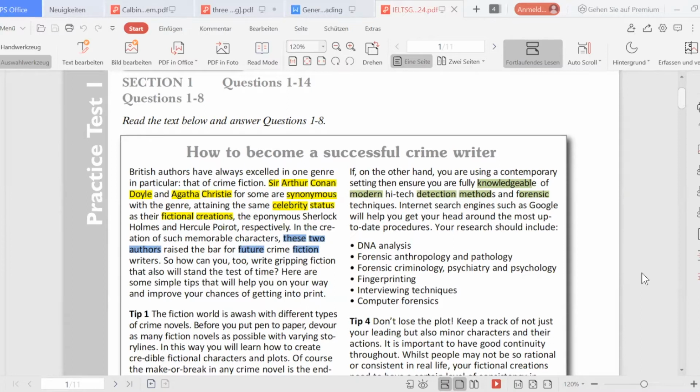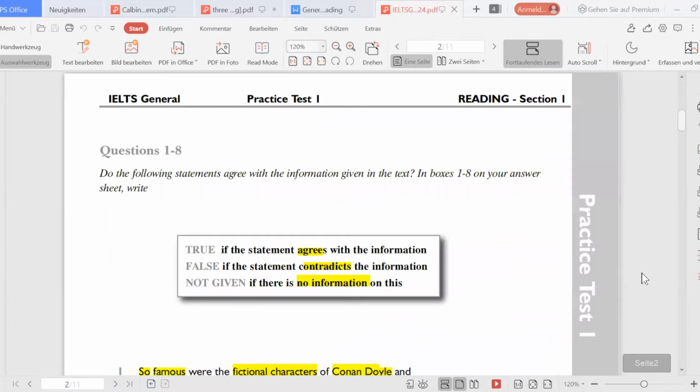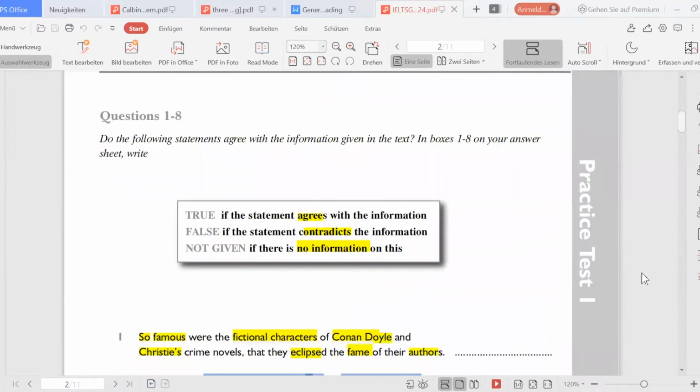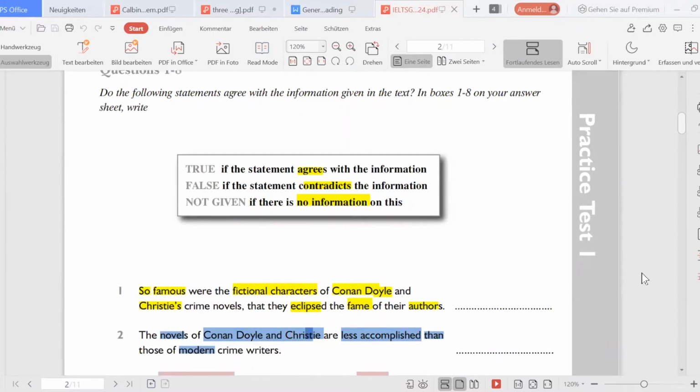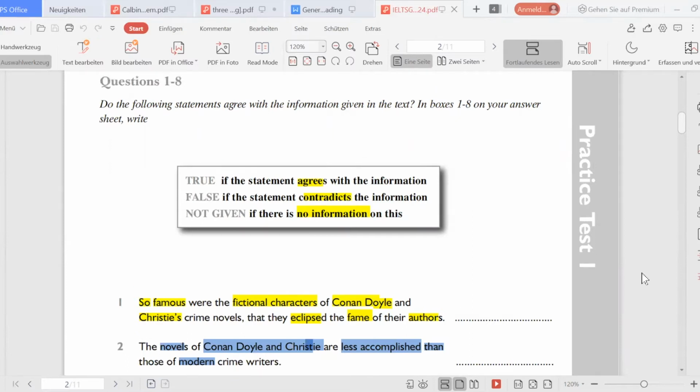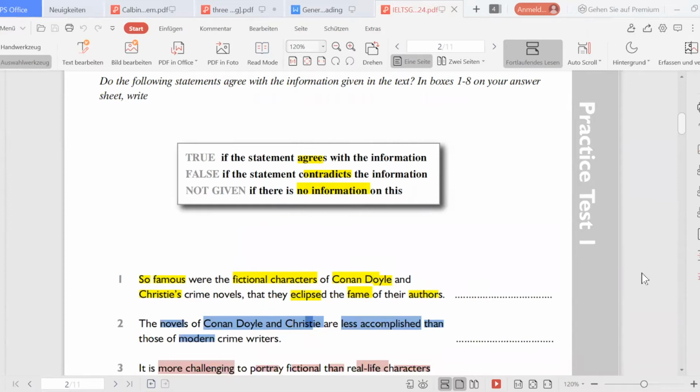Remember, these are the keywords that we had. Celebrity status, so famous, we've got that. Fictional characters, we've got it. We've got the two names. Now the key information here is that the characters that the authors produced actually became more famous.